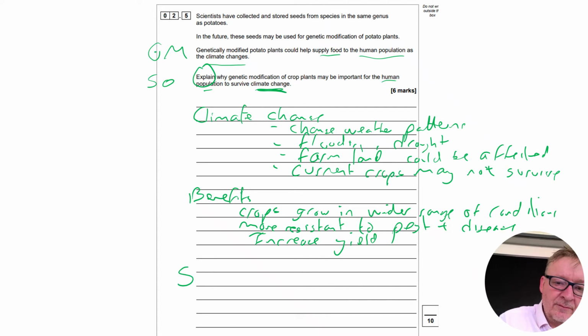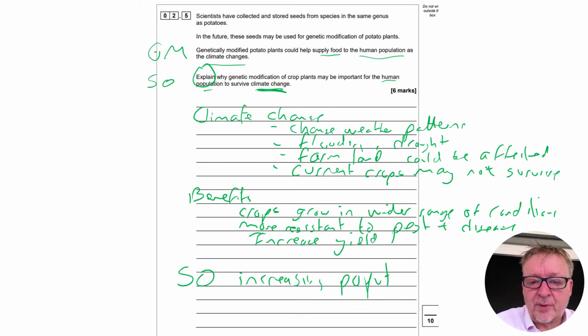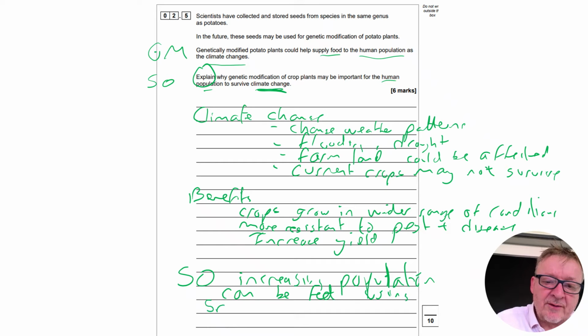Explain. So if you have an increasing population, it can then be fed using smaller areas of farmland.